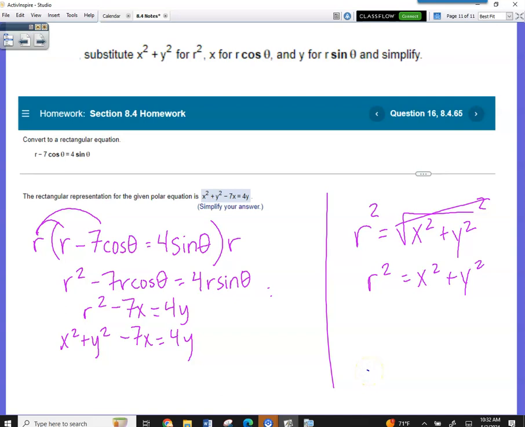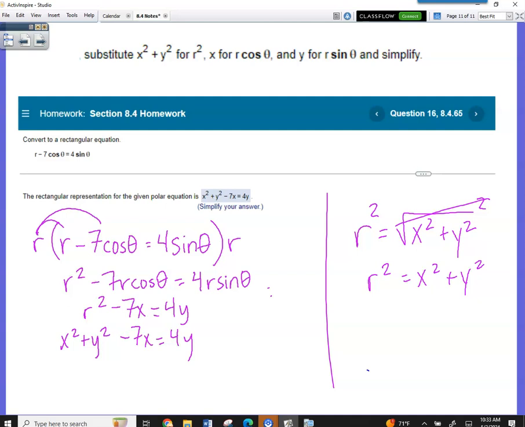Okay, it's number 16, and it's letting you know, heads up, number 16. They give you this gigantic rectangular or polar equation, and they ask you to convert it to rectangular. So in this case, what did I do? Hold on. Oh, I substituted x squared plus y squared in for r squared.